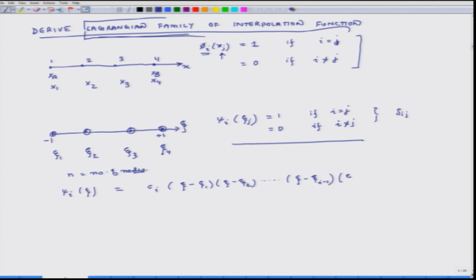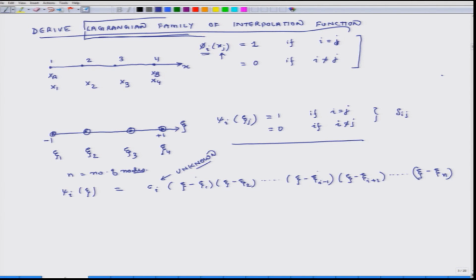Then I continue further, zeta minus zeta I plus 1, dot dot dot, zeta minus zeta n. How many terms are these? These are n minus 1 terms, because I did not have the zeta minus zeta I term. So, this function will be 0 at all other nodes except the ith node. And this Ci is unknown.